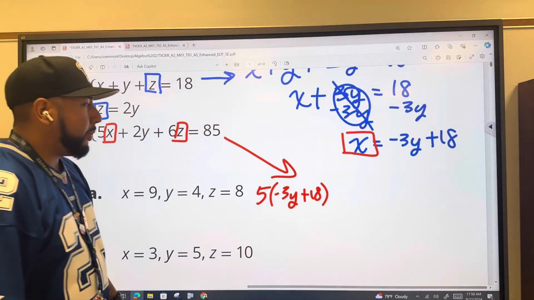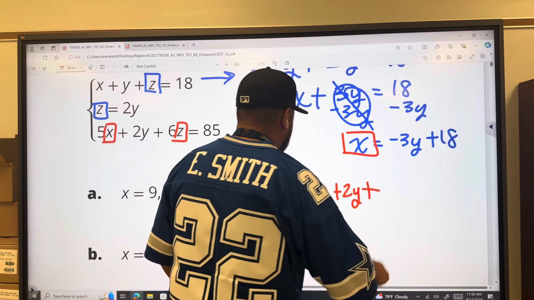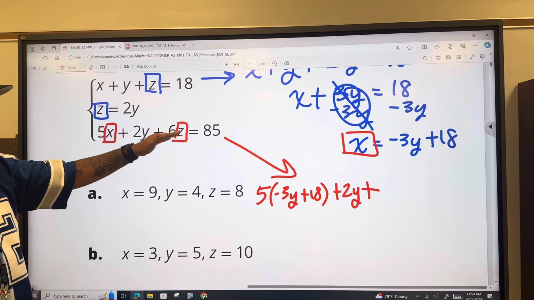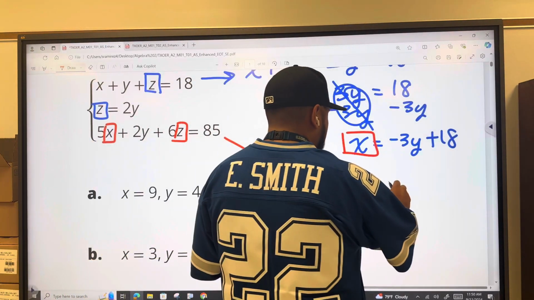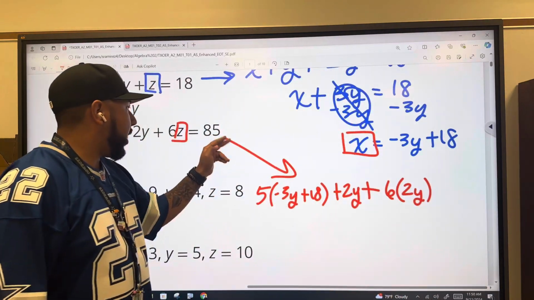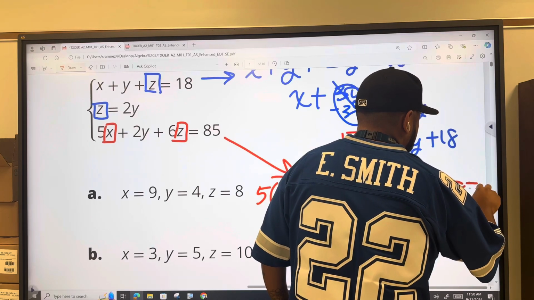Plus 2Y. Plus 6, not the Z, but this 2Y because we're replacing. Which equals 85. And this is going to go pretty quick in just a moment.